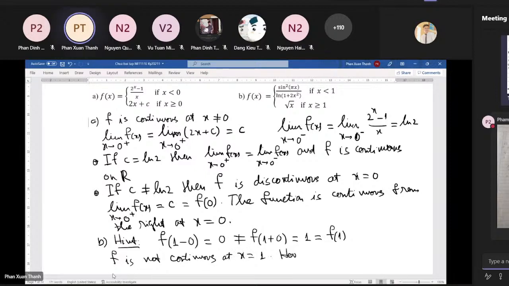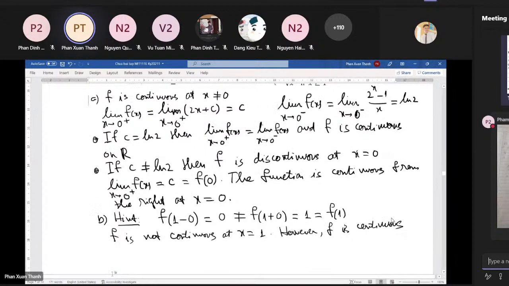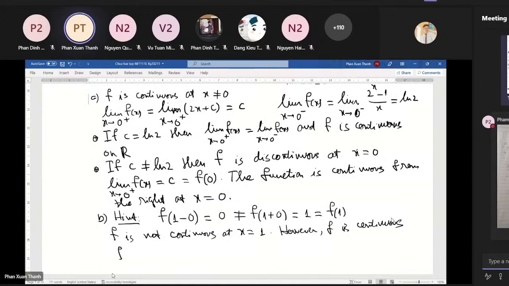However, f is continuous from the right at x equals 1, because the right-hand limit equals 1 and equals the function value f(1). So the function is continuous from the right at x equals 1. This is the solution for B.